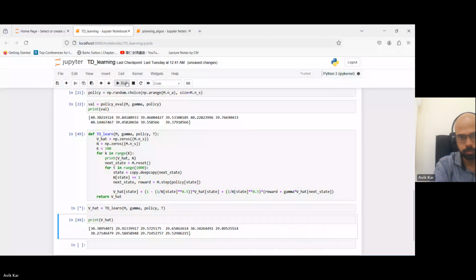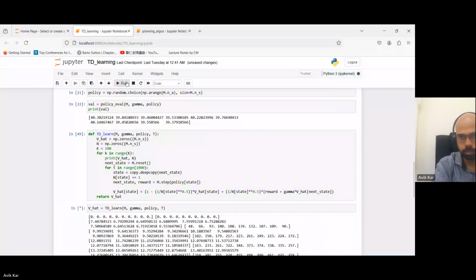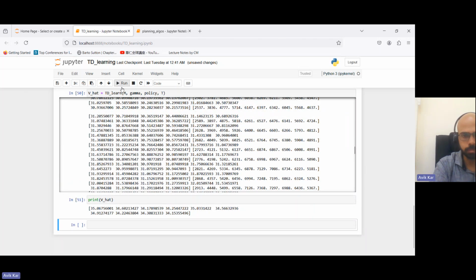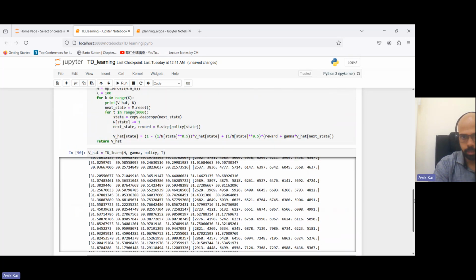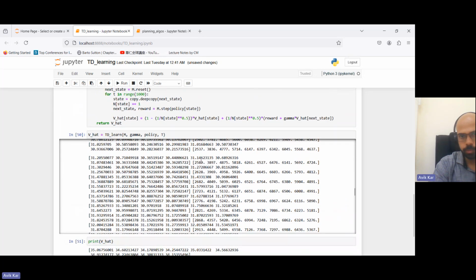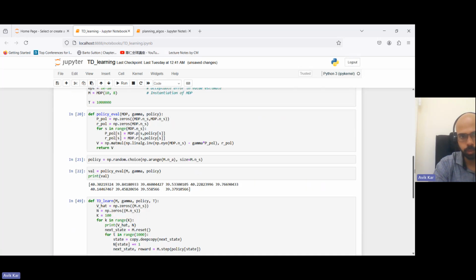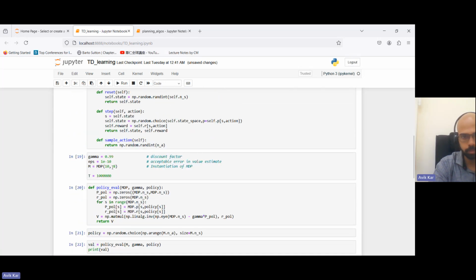Theoretically, it's not permissible, but great. So one of the reasons why it's happening is since there are fewer states, every state is visited lots of times. So if we increase the number of states, then I think we'll be in a better position.